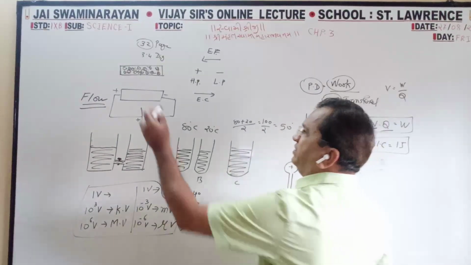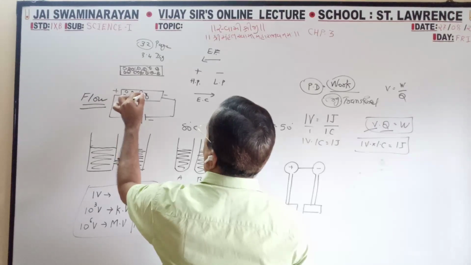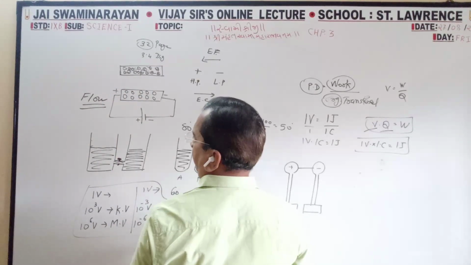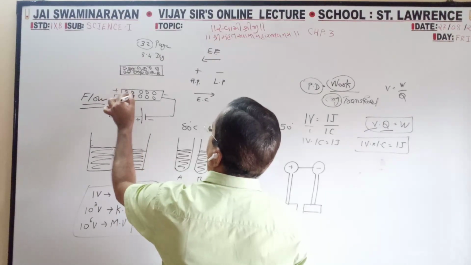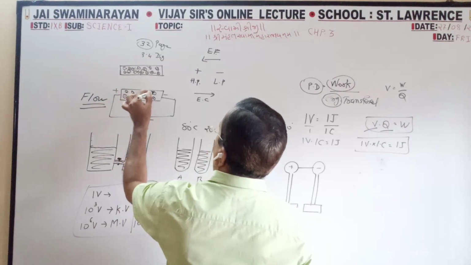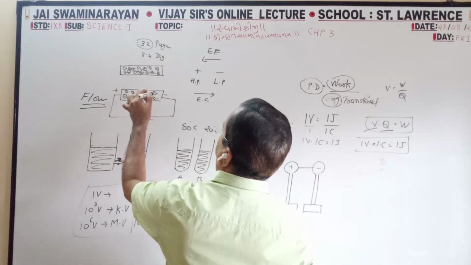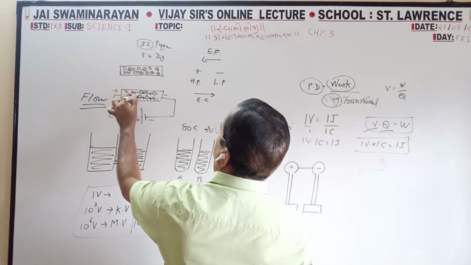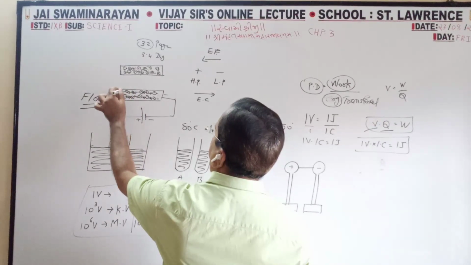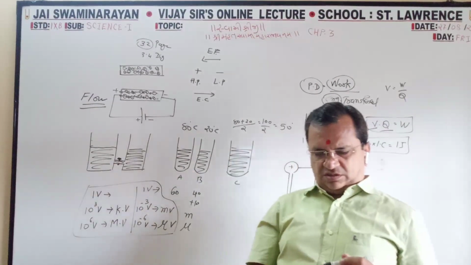So now all these electrons are here also. All electrons are moving this way, now not zigzag, not randomly. All electrons are moving towards positive.